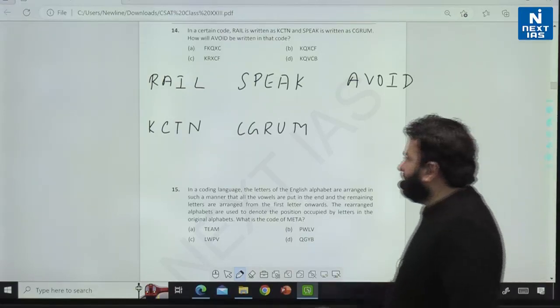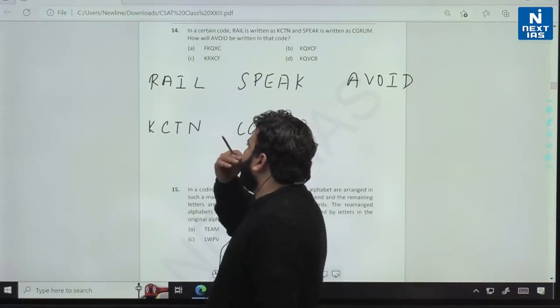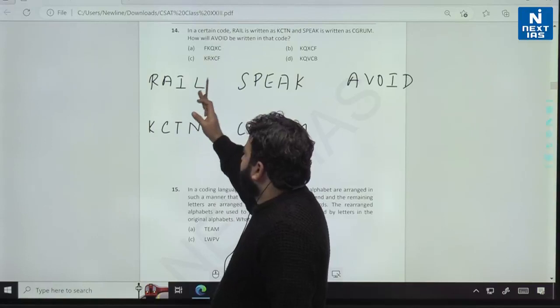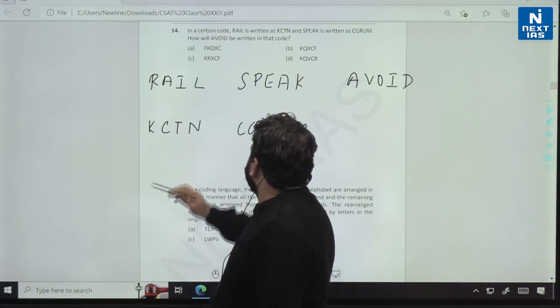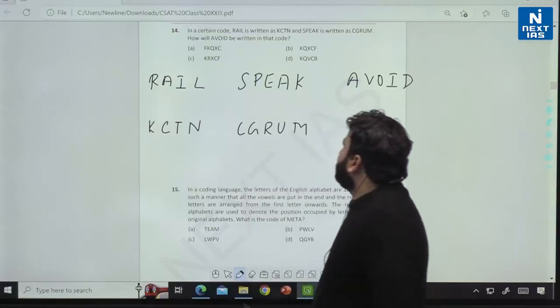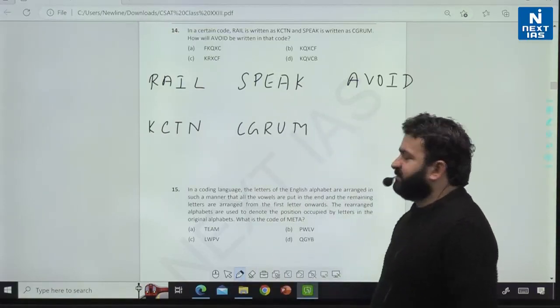Now here in this case, all of you, just look at the terms. Here rail is written as KCTN.